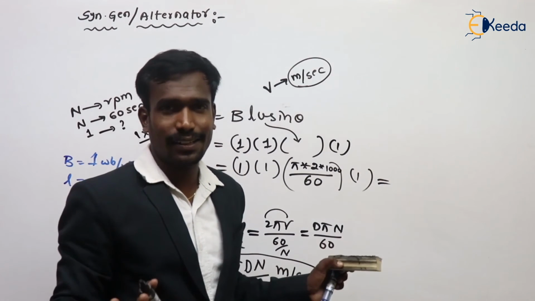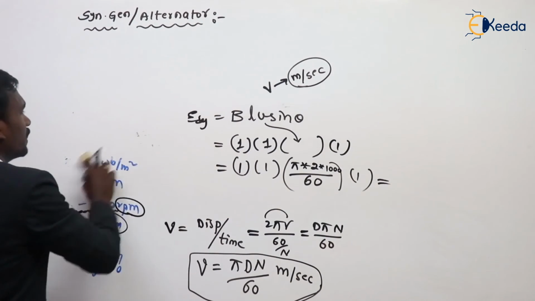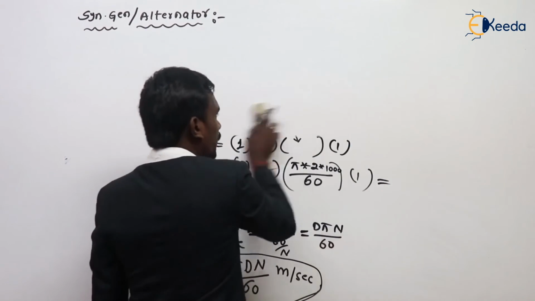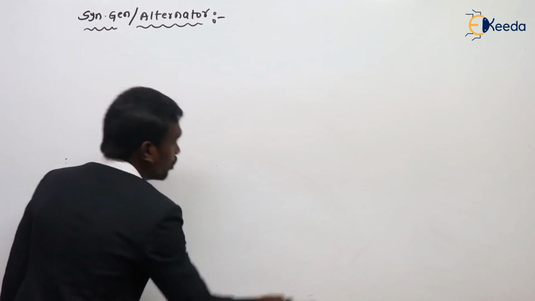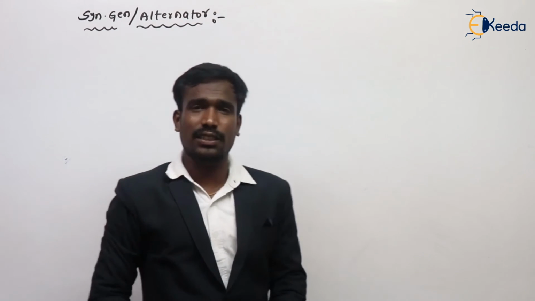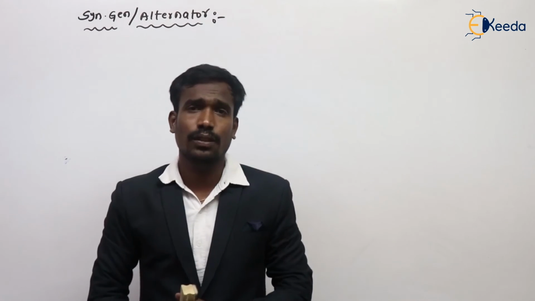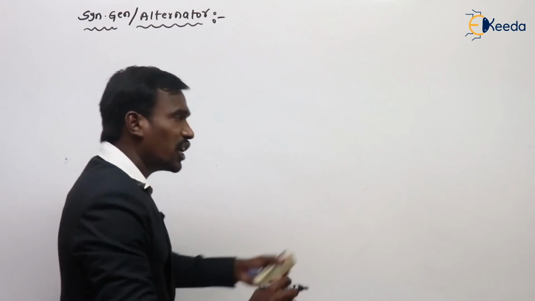This is clear, right? So what is the overview of this video? What is the overview of this concept? First, I told you the definition of the alternator. An alternator is a rotating AC machine which converts mechanical energy into electrical energy.